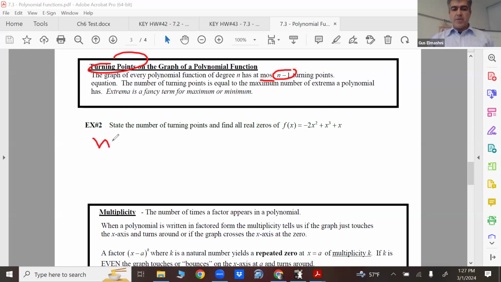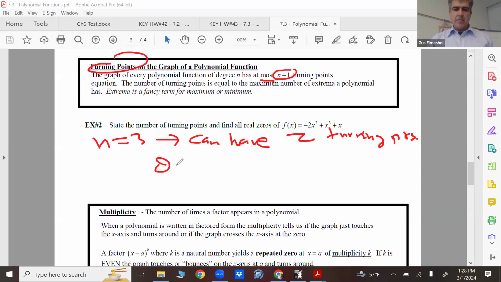So my degree here is 3. So it can have 2 turning points. I'll probably do some factoring here. What can you factor out of this equation? X for sure, right? And let's put it in order: x squared minus 2x plus 1.